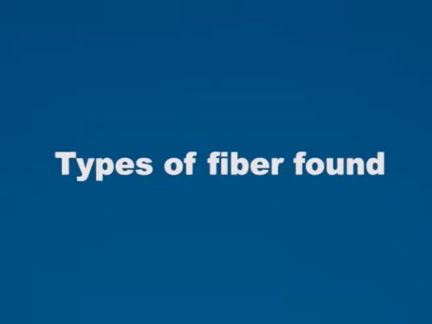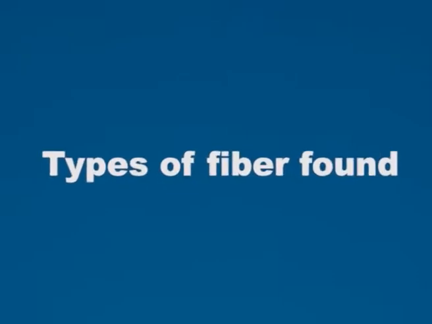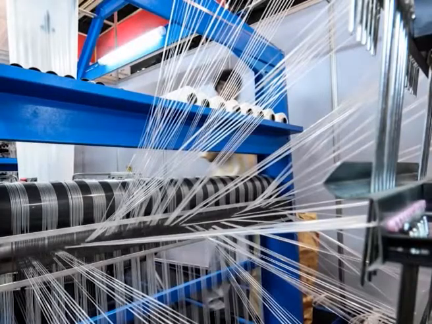Coming to the type of fibres found. The probative value of the fibre evidence found at the scene of crime is affected by its rareness or commonness. In textile production, cotton fibres are the most commonly used fibres of plant origin.